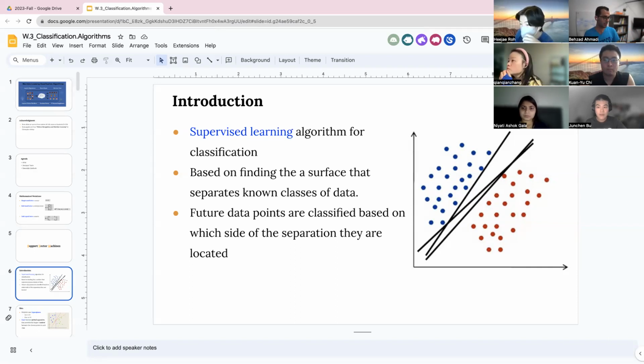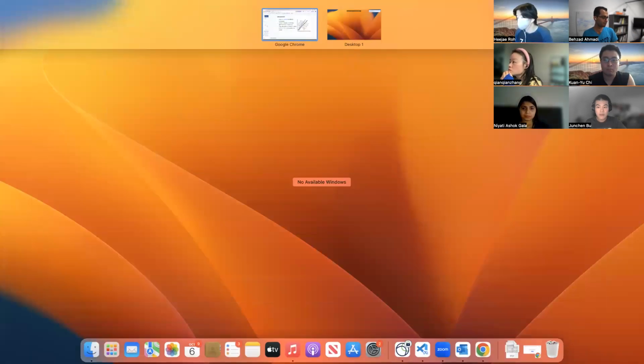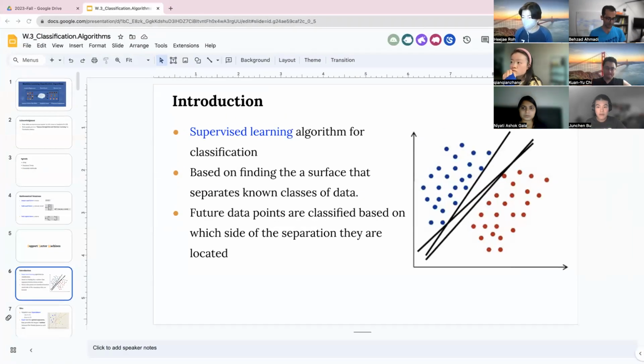In the problem of logistic regression, the goal was to find a line that would maximize the probability, right? Remember, you're trying to maximize the probability. And the line that we derived for linear regression was trying to minimize the mean squared error.